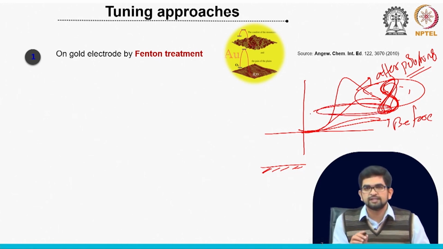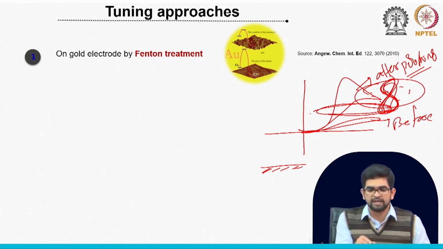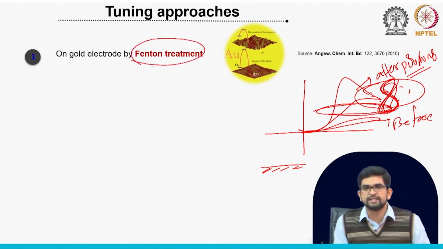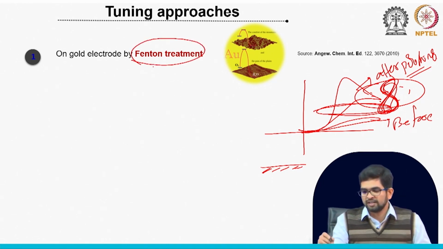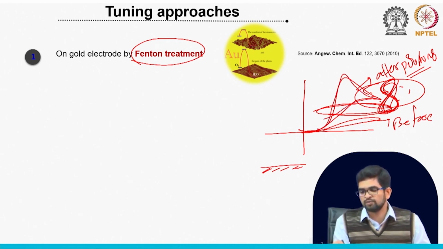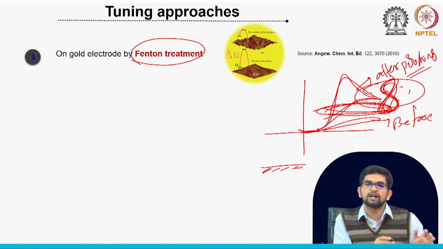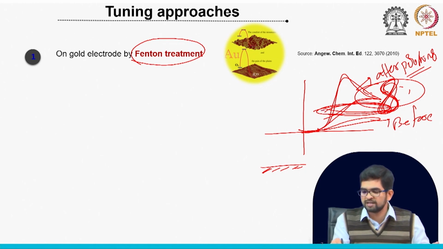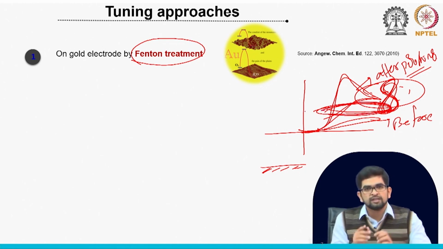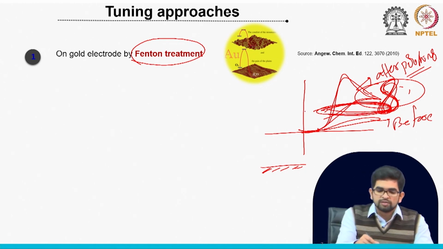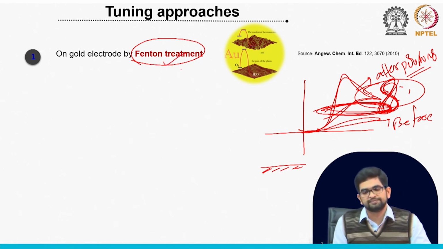For that, you may go for a treatment called phantom treatment. You understand the story, right? Sometimes you may need very high activity, sometimes moderate activity. To avoid side reactions you may need to decrease the background current. You don't need a very high background current, so you need to tune the activity. That's why you can use phantom treatment.